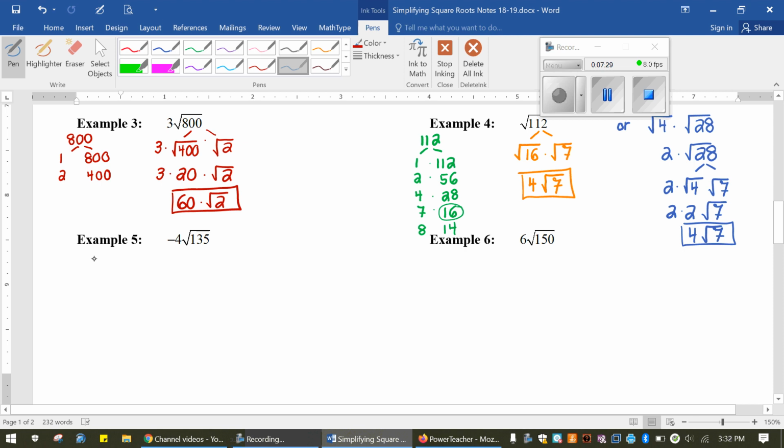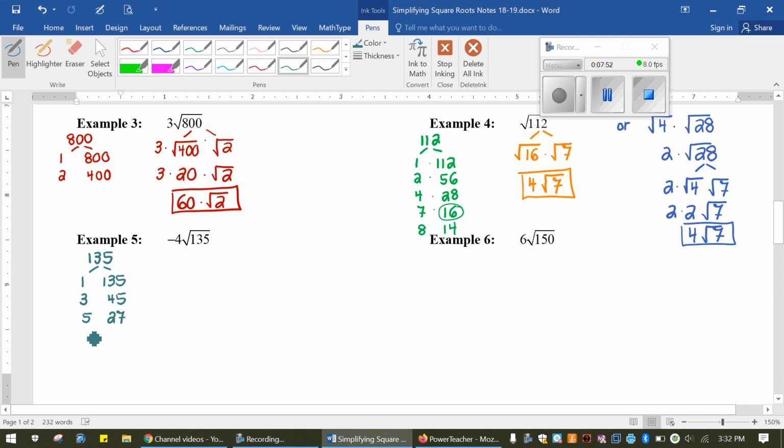All right, so building a factor tree on 135, 1 times 135, 2 does not go in, 3 goes in 45 times, not made up of perfect squares yet. 4 does not go in. 5 goes in 27 times, no perfect square yet. 6 does not go in, 7 does not go in.